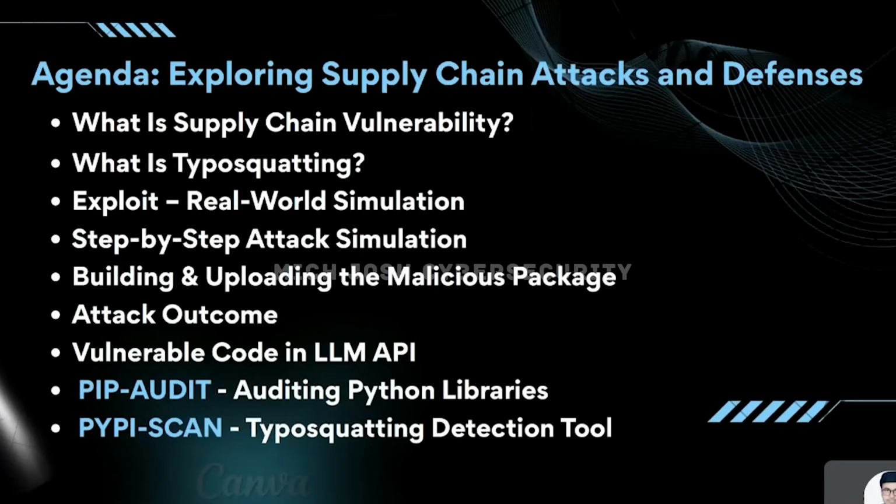After that, we are going to see two tools: pip-audit and PyPI scan. We are going to use pip-audit for auditing the Python libraries, and PyPI scan is all about detecting typosquatting attacks. So these are the topics which we are going to cover here.